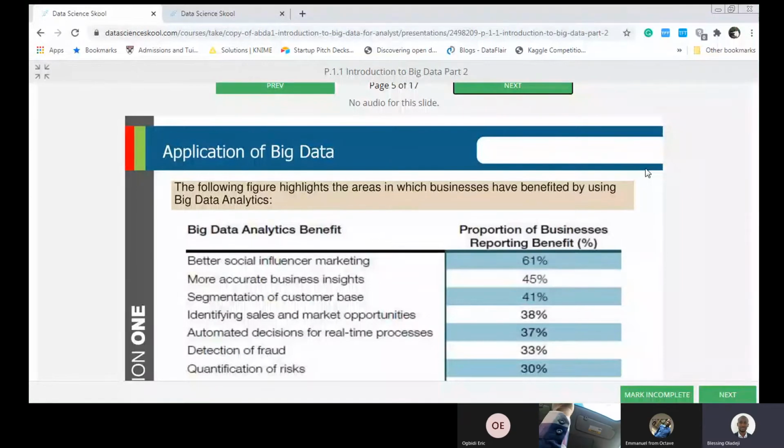So based on that, big data, as we have said earlier, has so many applications. I can pick any industry and tell you about the application of big data within that industry. I can pick a bank and tell you how you can use big data to detect fraud, because fraud has a pattern, and when you analyze that pattern over time, you can tell that a transaction is likely going to be fraudulent.